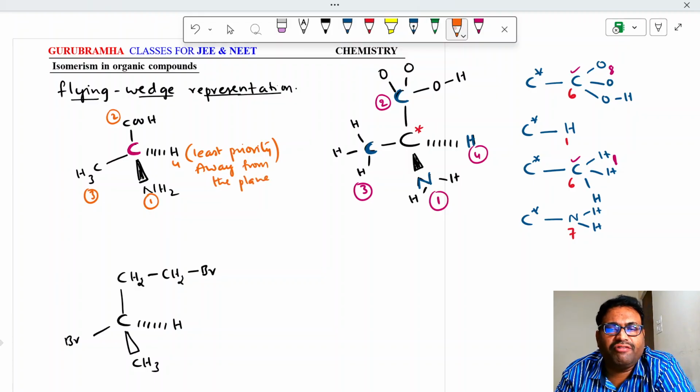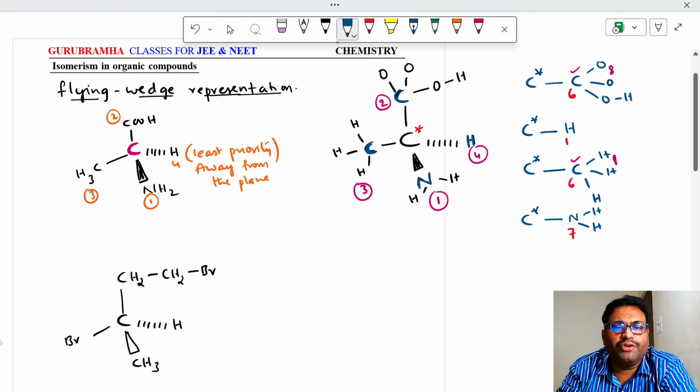This is what the rule said. First of all, you have to see that the least priority group is away from the plane, and you have to rotate the priorities. Rotating means you are drawing an arrow. When you draw an arrow from priority number 1 to priority number 3, what do you find?